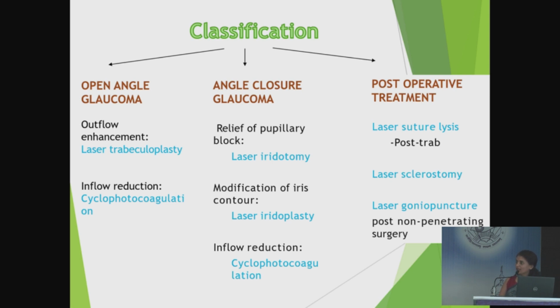We use laser trabeculoplasty. To decrease the inflow, we use cyclophotocoagulation. Then the lasers used in angle closure glaucoma to relieve the pupillary block, we do laser iridotomy. To modify the iris contour, we do laser iridoplasty. And to decrease the inflow, we do cyclophotocoagulation. Lasers can also be used post-operatively, either to cause laser suturolysis, to do sclerostomy, or to do goniopunctures also.